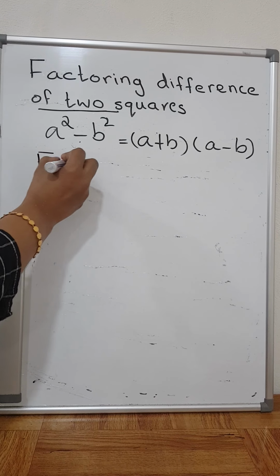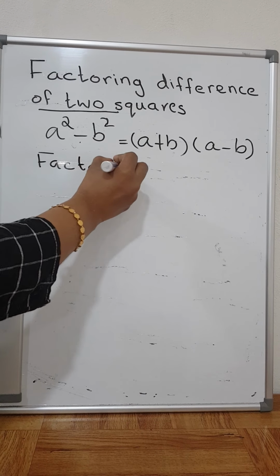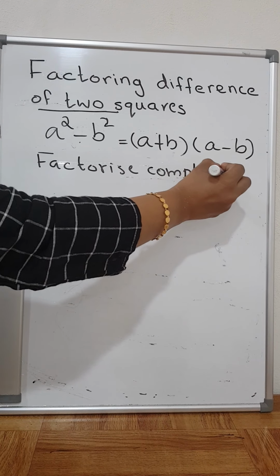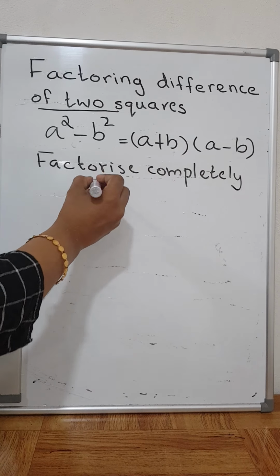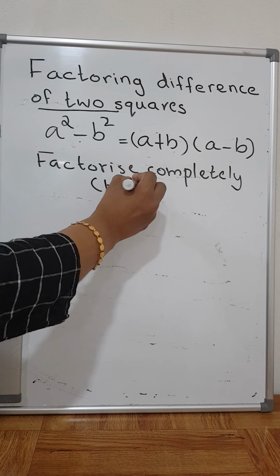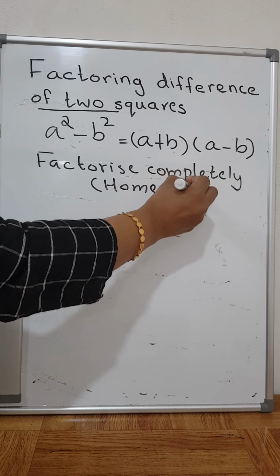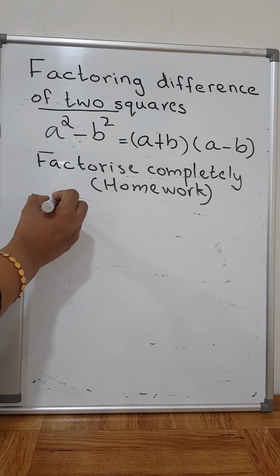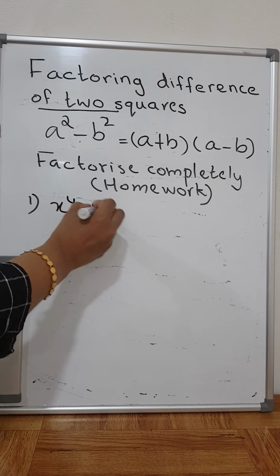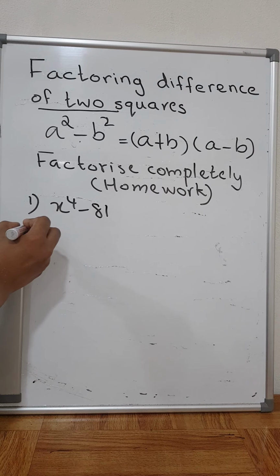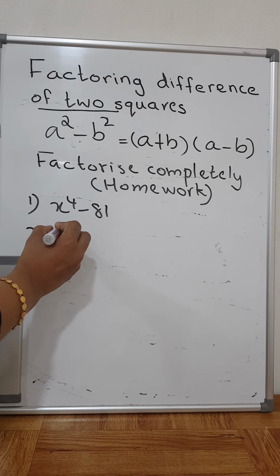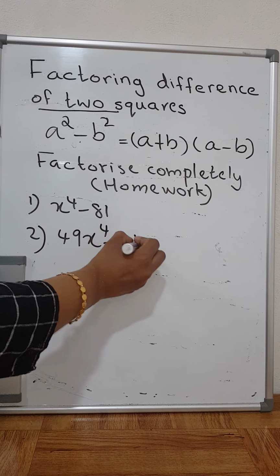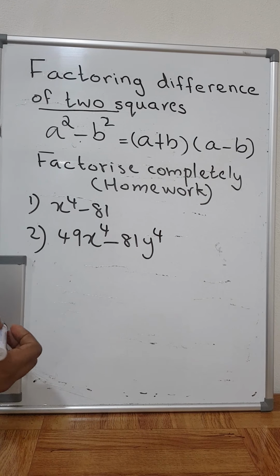Factorize completely. Homework. Question number 1: x to the power 4 minus 81. Second, 49x to the power 4 minus 81y to the power 4.